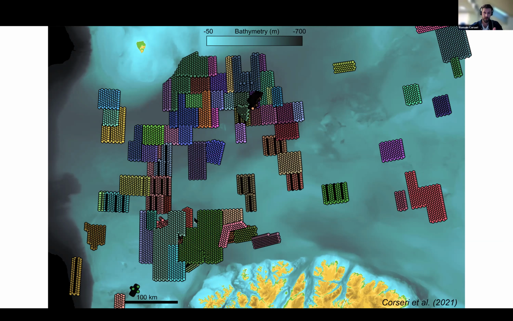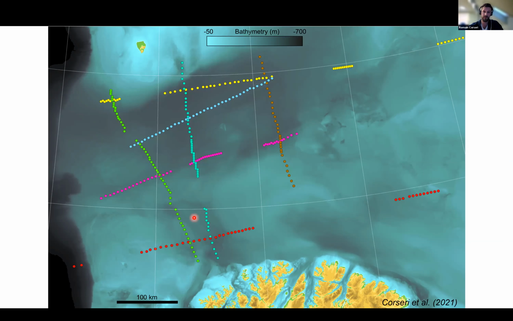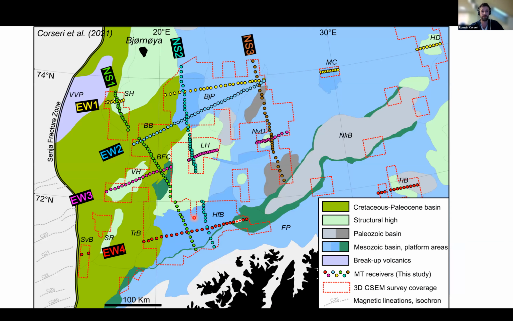For my research, I had access to this database, and I've extracted 6 transects and 337 receivers. These transects were designed to cover some structural elements of the Barents Sea. For example, you have here the Stappen High, which is a basement high, where the continental crust is very thick.